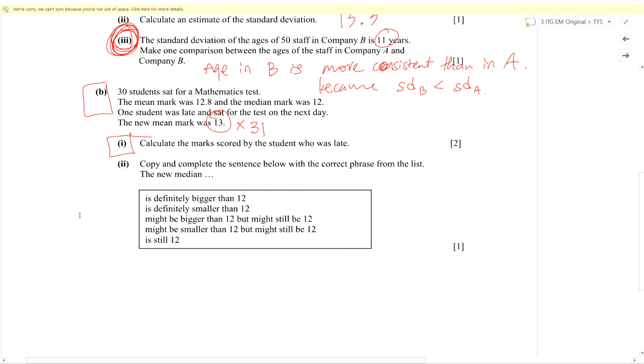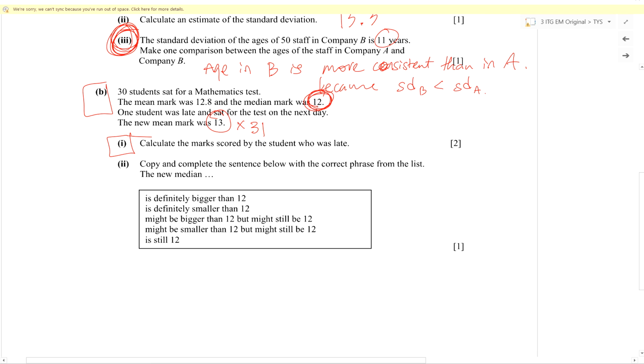Okay, class, part 2, and I'll end at this question. Now the median originally was 12. After this person takes the test, do you see that the mean increased from 12.8 to 13? Which means that either he pulled the median up or the median stays at 12.